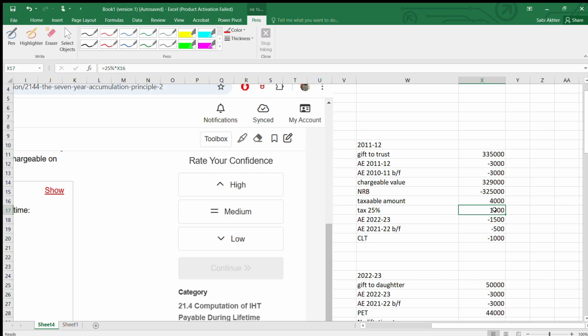So now the gross chargeable amount. What would be the gross chargeable amount? Look at the chargeable value.